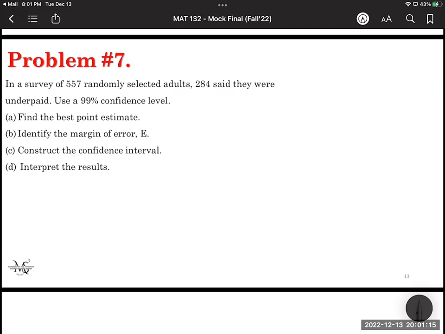It states, find the best point estimate, identify the margin of error, E, construct the confidence interval, and then interpret the results. For each of parts A, B, and C, you have to know specific formulas.